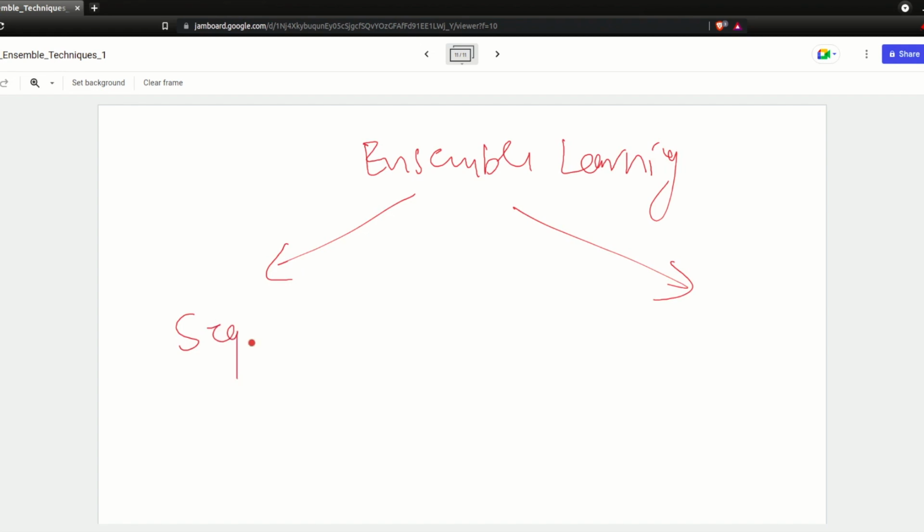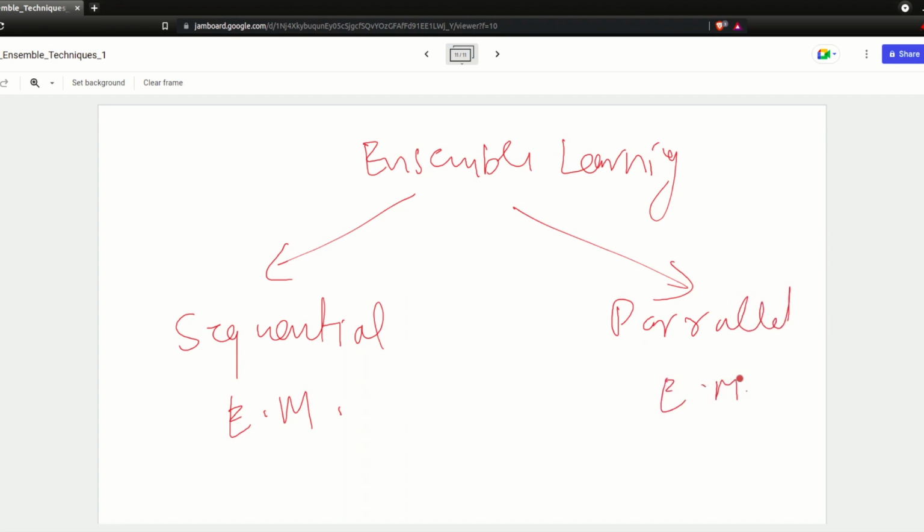Number one is sequential ensemble method, and second is parallel ensemble method. Okay, so let's have a look at each of them.